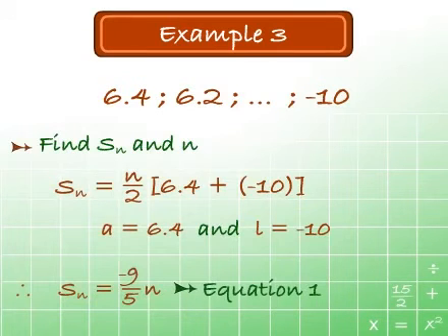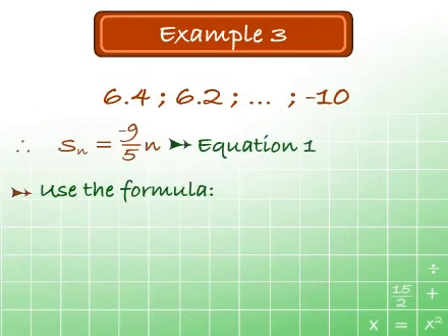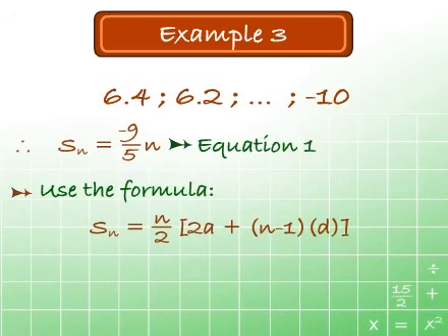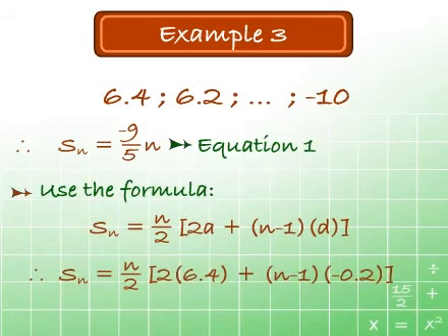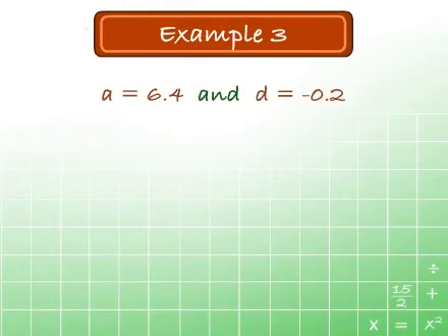Let's call this equation 1. We may also need to use the formula Sn is equal to n over 2 (2a plus (n minus 1) times d), because we have two unknown variables, namely Sn and n. Therefore, Sn is equal to n over 2 multiplied by (2 times 6.4 plus (n minus 1) multiplied by negative 0.2), since a, the first term, is equal to 6.4, and d, the common difference between the arithmetic terms, is negative 0.2.